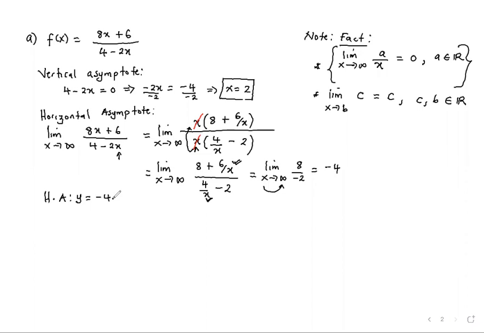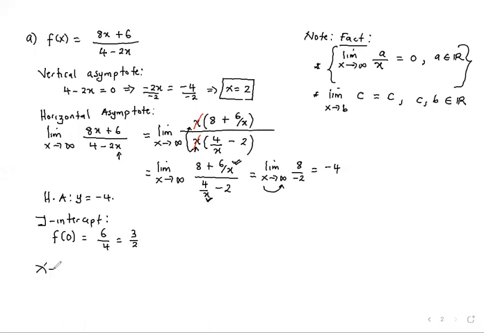Then we get the y-intercept. We said by taking 0 where there is x, so we'll have 6/4, which is equal to 3/2.